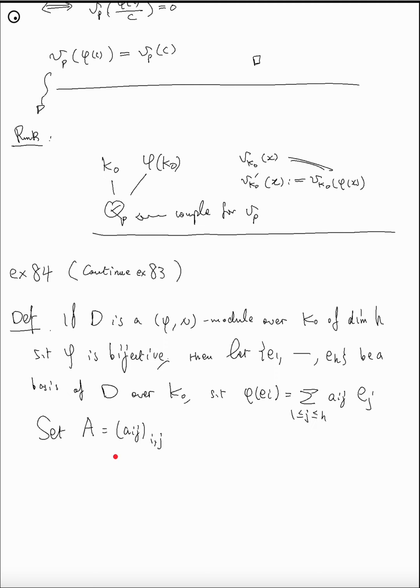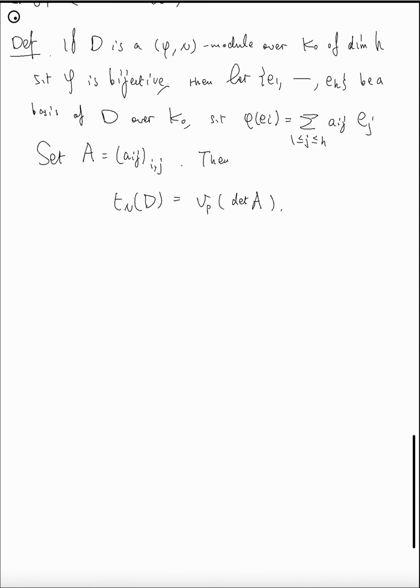So we're going to define this to be again the p-adic evaluation, but this time over the determinant of A. Second thing, I'm going to define an alternative definition.